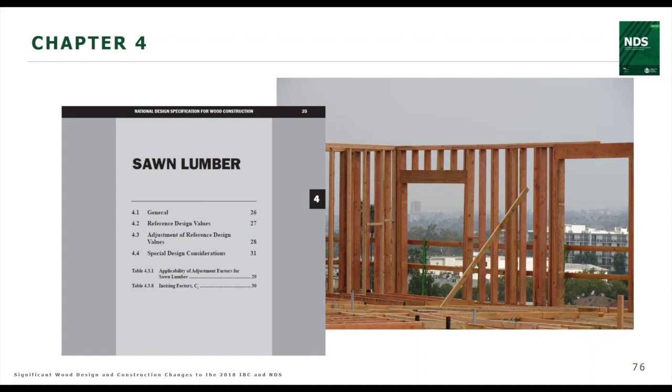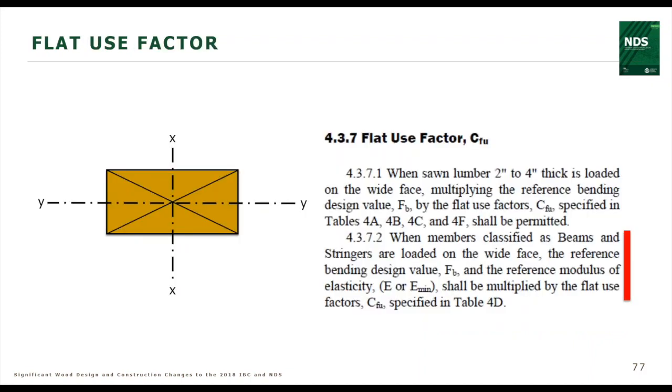All right, so now we're getting into our product chapters, the first of which is Chapter 4, our solid sawn lumber chapter. The first clarification is in section 4.3.7, the flat use factor C sub FU.